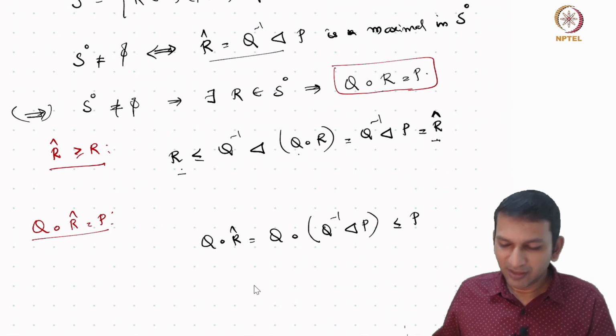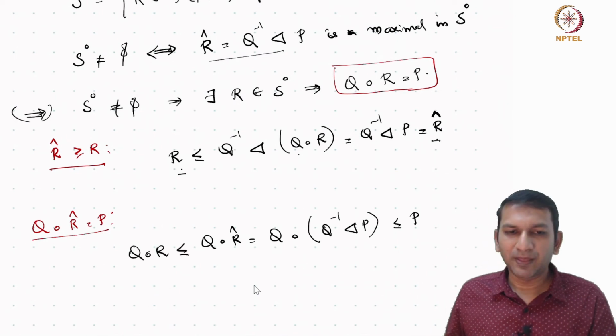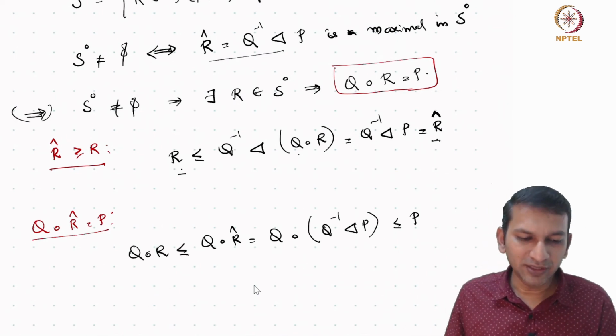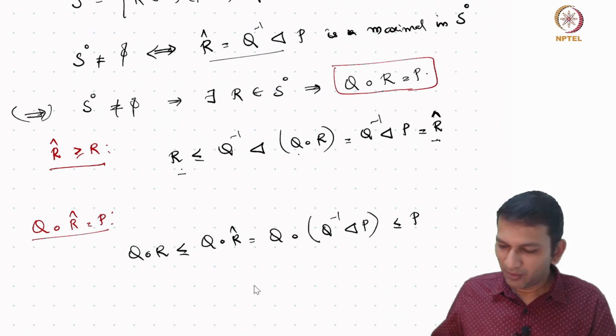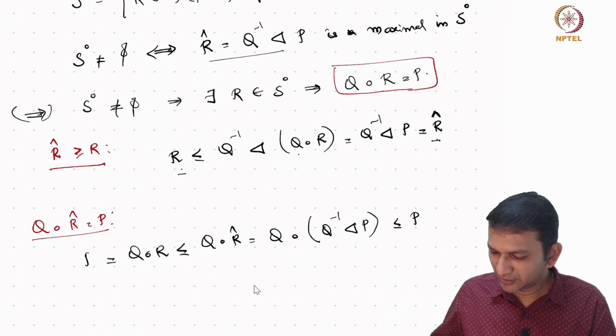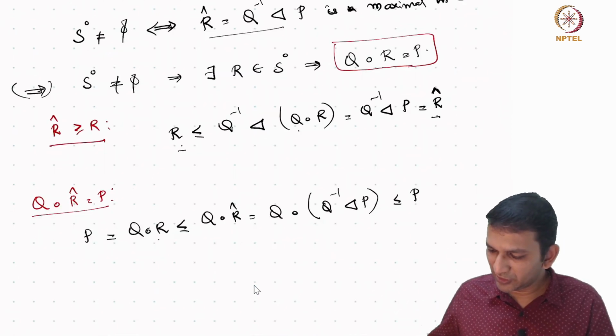And we have seen by the monotonicity of sub T composition, Q circle R will be smaller than Q circle R cap. But what is Q circle R? Nothing but P, because R is a solution of this relational equation.